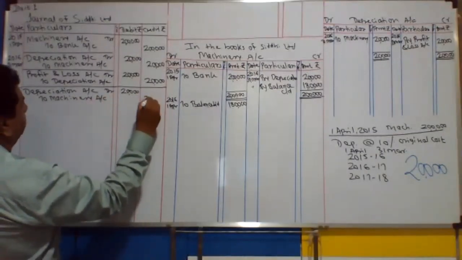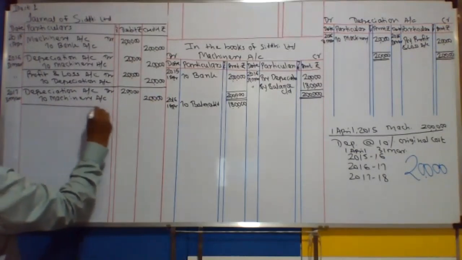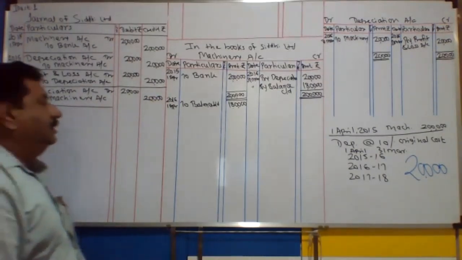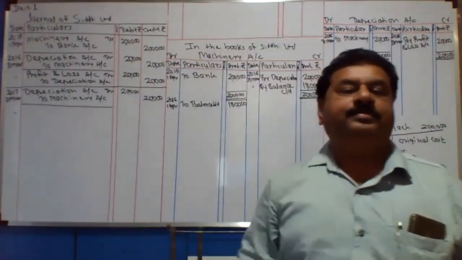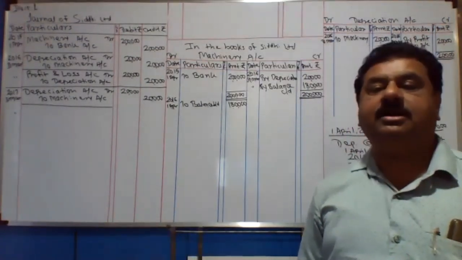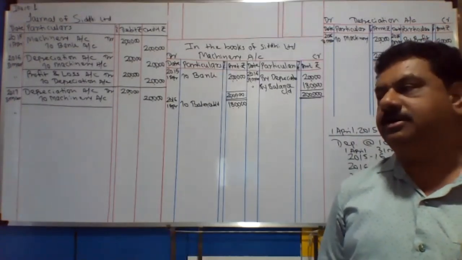Depreciation account debit to machinery account 20,000. Narration: 10% depreciation charge on original cost.